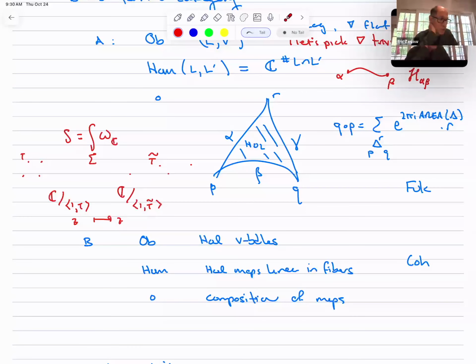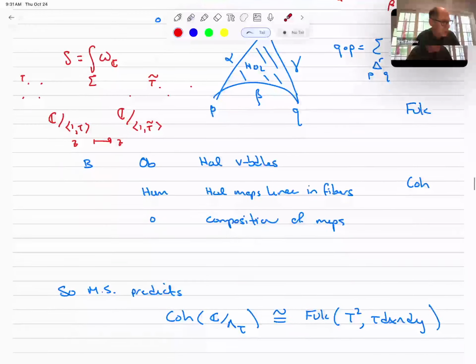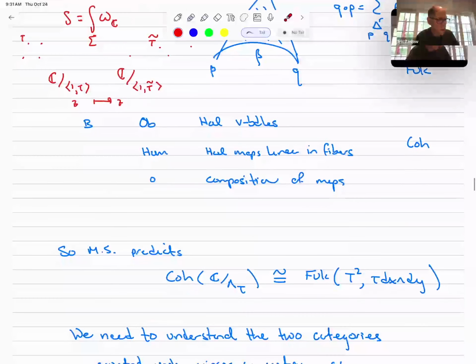So a vector bundle is like a linear space in families, and the morphisms are just families of linear maps, and the compositions are compositions of maps. So the category structure isn't so detailed in this case, but there's some details in what are the objects. So that's what I'd like to sink my teeth into a little bit today, and then I'll do the calculation in the second half.